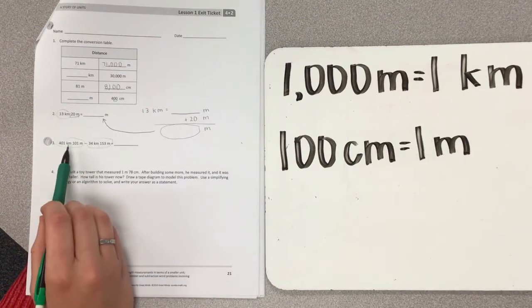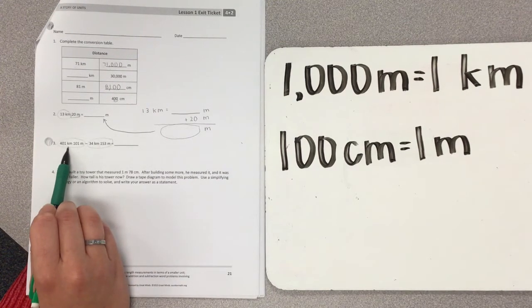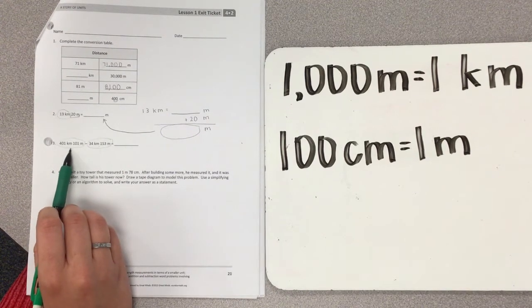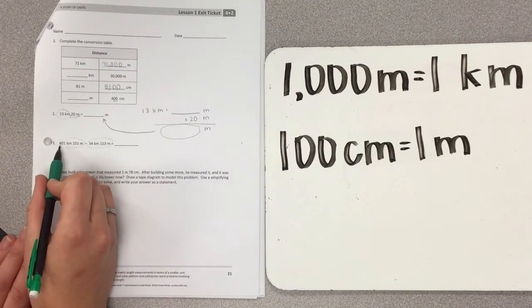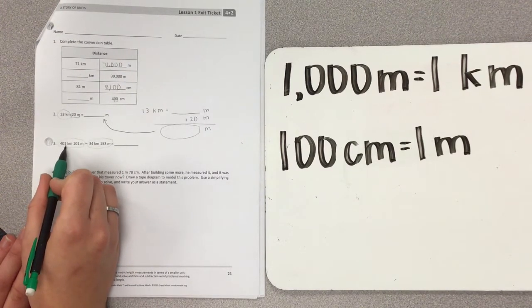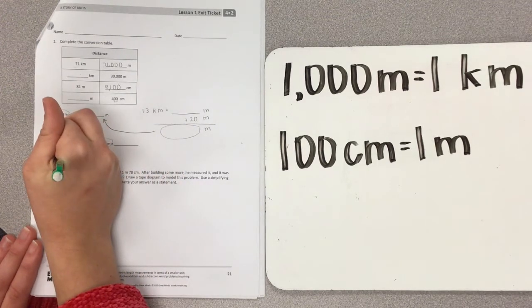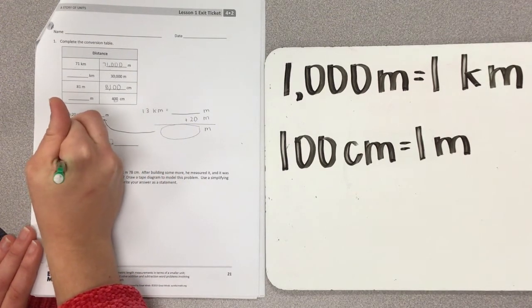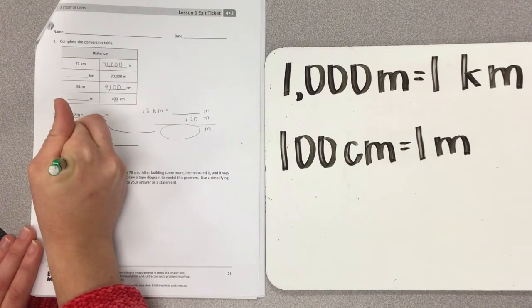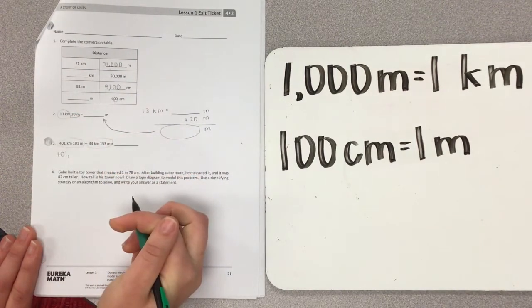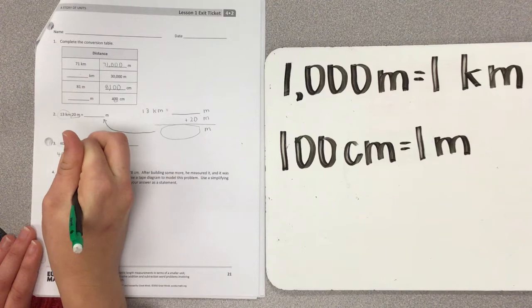Now we know that kilometers means that we're multiplying by 1,000 when we convert it into meters. So if I took 401 and multiplied it by 1,000, I would have 401,000 meters. But look how many meters I have on top of that.